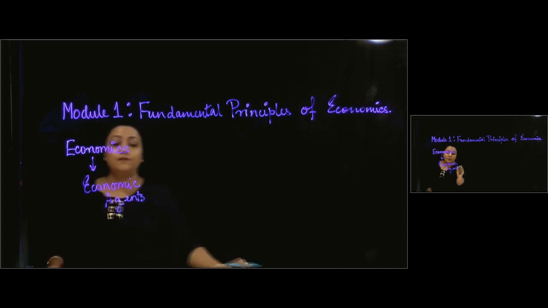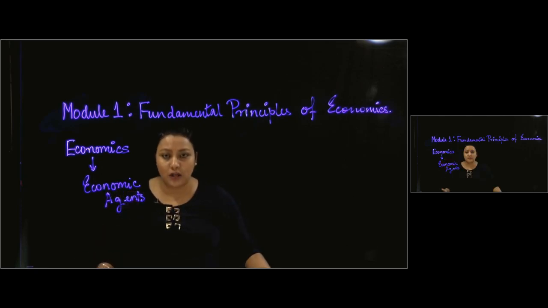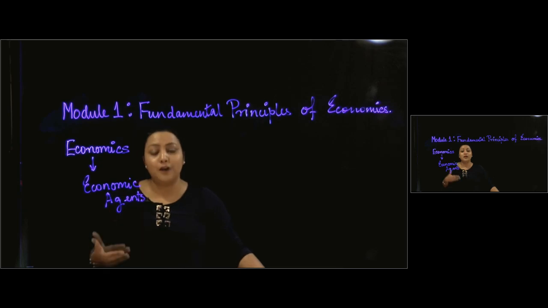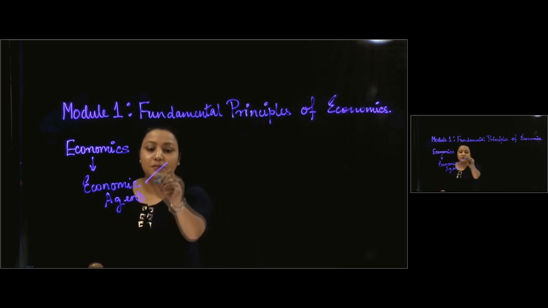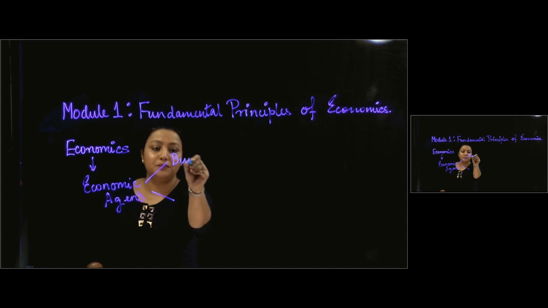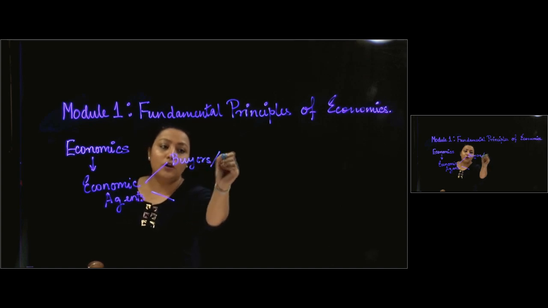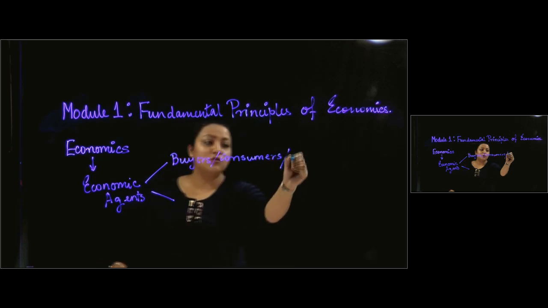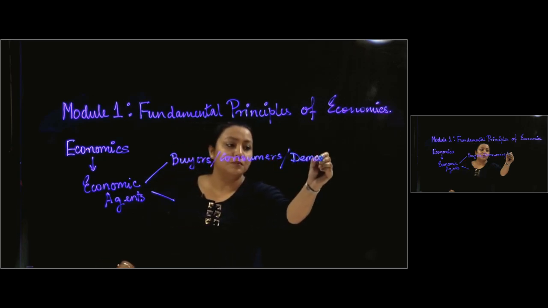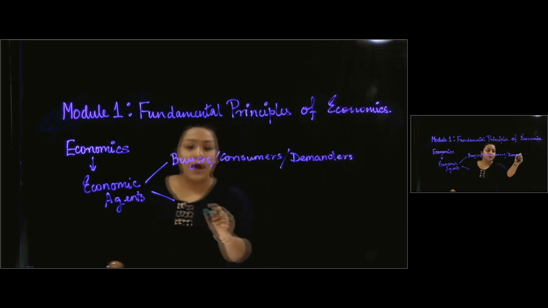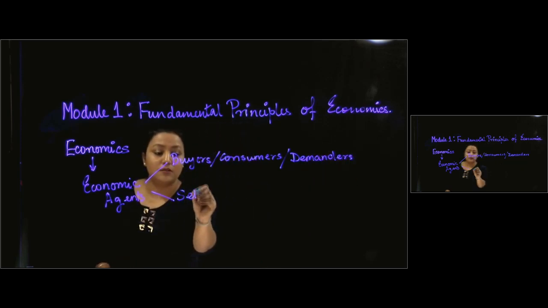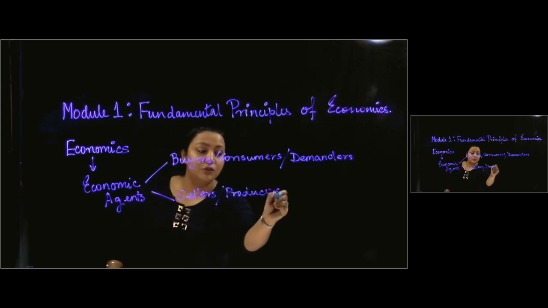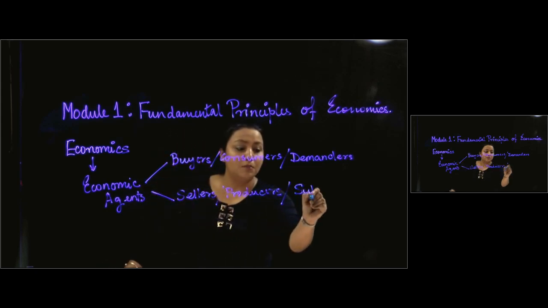and based on the functions performed by these economic agents, based on the role taken by these economic agents, we can further divide them into 2 groups, that is buyers or consumers, sometimes also called demanders, and the second group, sellers, sometimes called producers or suppliers.